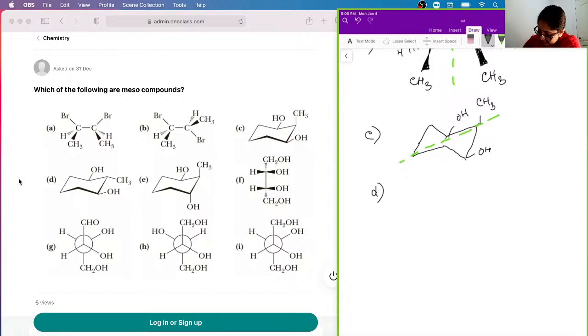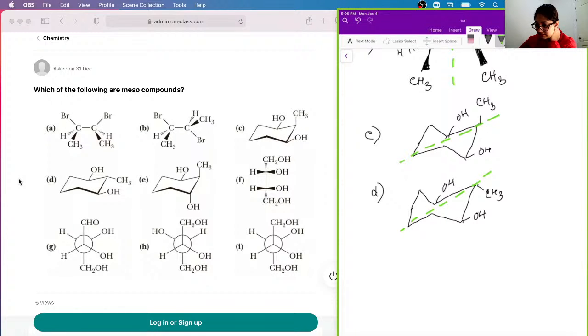So we have a methyl, CH3, OH, OH, and if you want to cut this, you would cut it diagonally so that you have it on the same side.